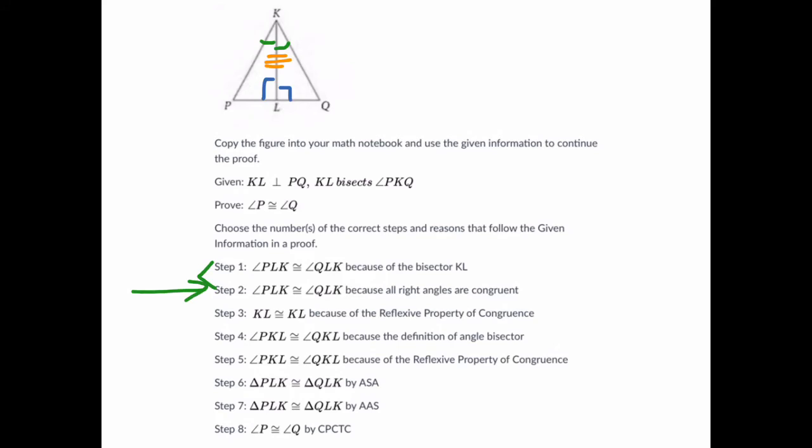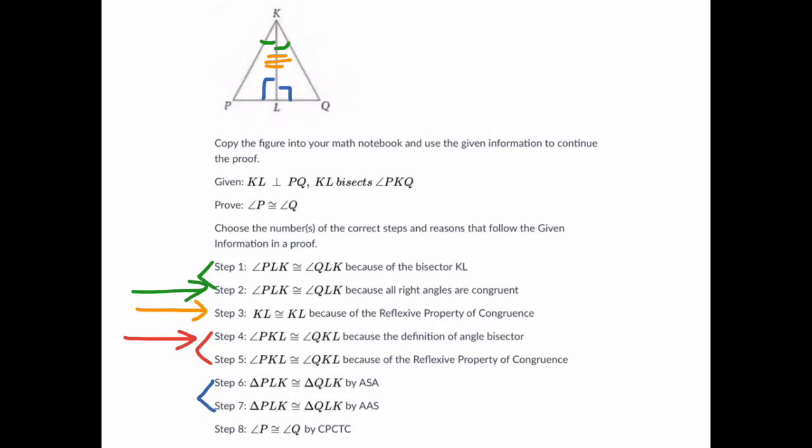It is common to both of the triangles on the left and the right-hand side. So that is also a true statement. So 4 and 5 here say the same thing for different reasons, so let's see which one it is. Angle PKL and angle QKL are congruent because of the definition of an angle bisector, or because of the reflexive property. And the answer for that one is because of the definition of an angle bisector.